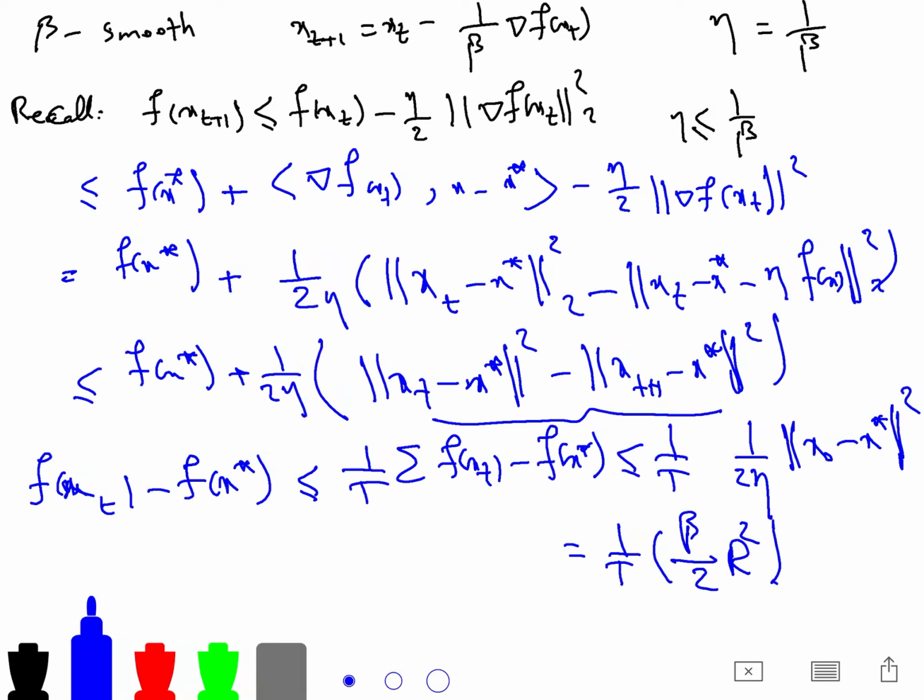Now the suboptimality scales like 1 over t. So for error of epsilon, we get only 1 over epsilon steps, which is a great achievement in comparison to the previous case, which was just a general convex function.